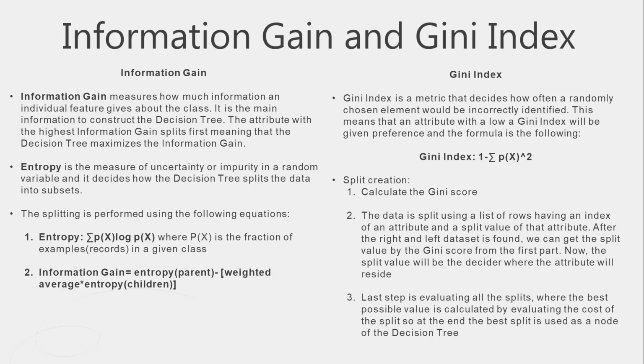So at the end, the best split is used as a node of the decision tree. This is a little bit different from the information gain, but still we are using a calculation that gives precedence to the features that give the best Gini score or the best information gain.